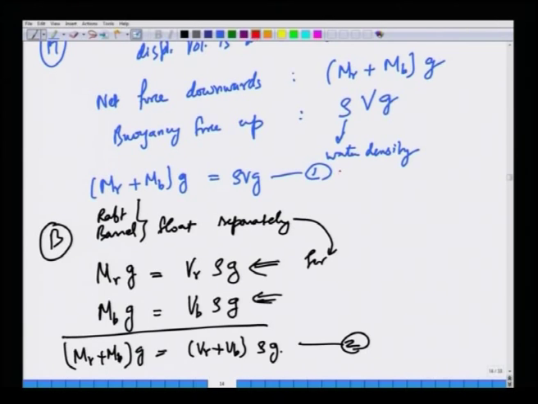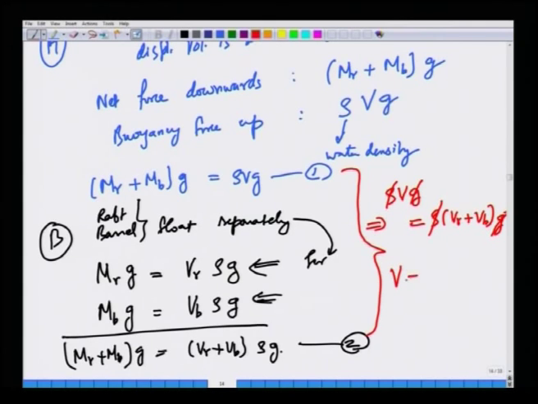When I compare these two equations, m r plus m b is the same on the left side. So, rho V g must be equal to, the right sides must also be the same, rho times V r plus V b times g. So, if I cancel rho, the density of water, and acceleration due to gravity, I get that V is V r plus V b.